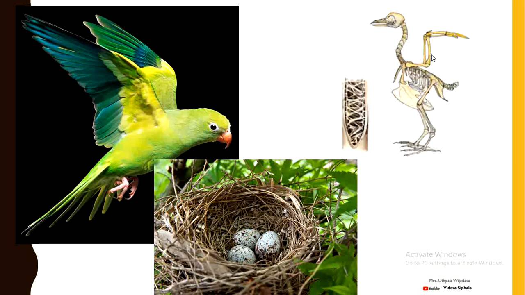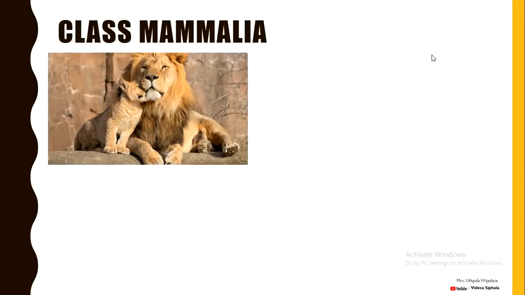Then the last class of this subphylum Vertebrata, that is class Mammalia, to which we belong. Mammals belong to this. We call them as mammals because the young ones are nourished or the young ones feed upon mother's milk.